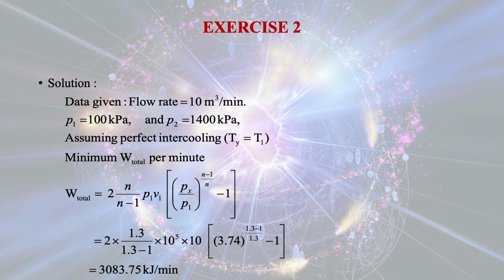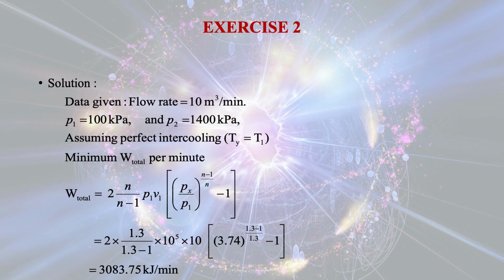Now once you know Px, then for a single stage you can calculate the work done, and for the double stage also you can calculate the work done for this particular problem. So the minimum total work per minute is W total equal to 2 multiplied by n by n minus 1, P1 V1, multiplied by Px by P1 to the power n minus 1 by n, minus 1.